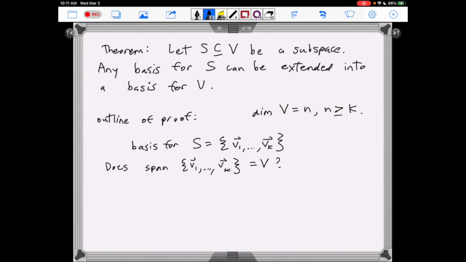I should say that n is at least k, okay? So does the span of this set equal V? If yes, it's already a basis for V, and you're done.